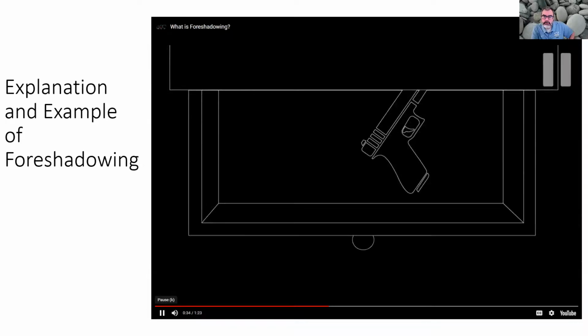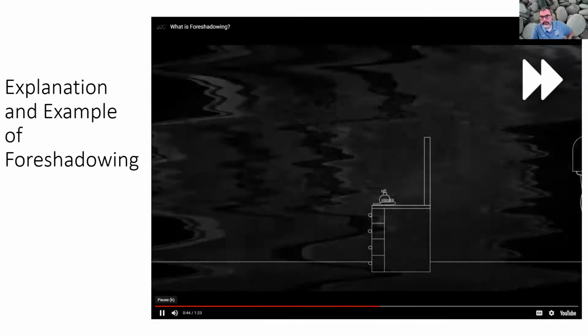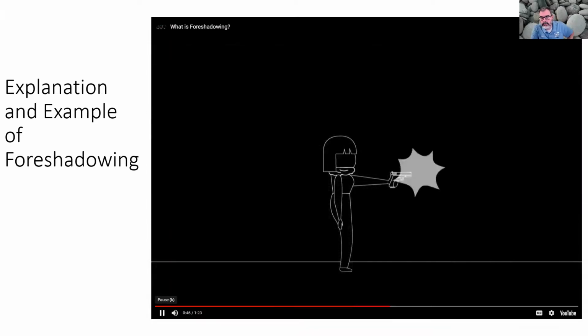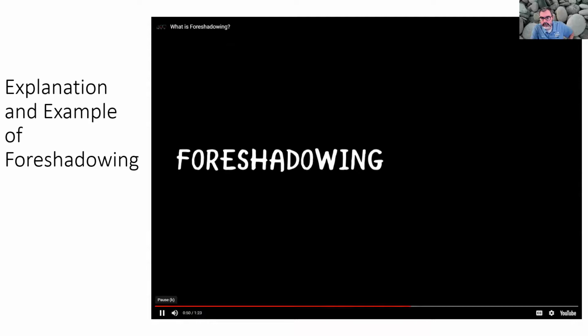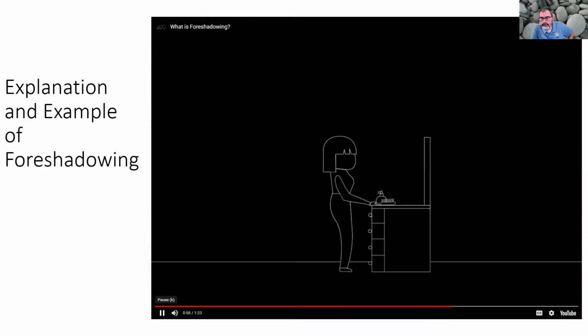Why is a gun in her drawer? Why is it presented in this way when it is not used at this moment? You are given a clue about what will happen later. This is called foreshadowing. Foreshadowing happens when clues in a story hint at future events.